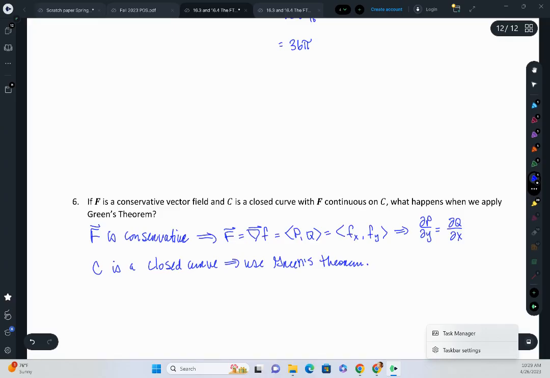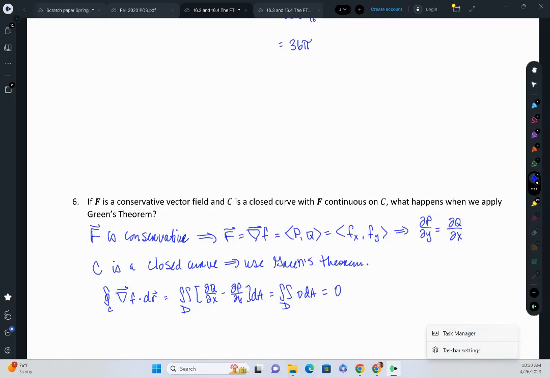Then we would have a line integral over C, closed curve, of del f dot dr, which would equal the double integral over D of del Q del x minus del P del y dA. But if del P del y and del Q del x are equal, this means we're looking at the double integral over D dA of 0, which gives us 0.